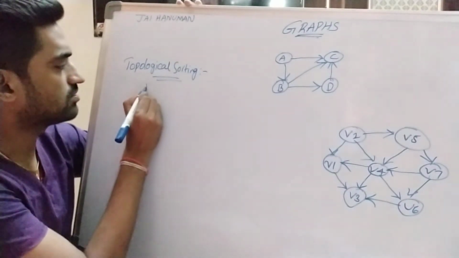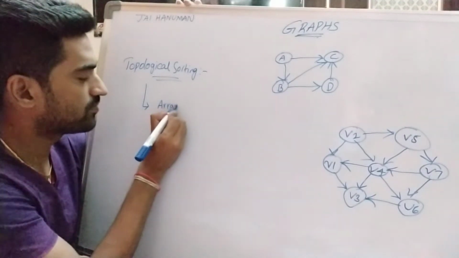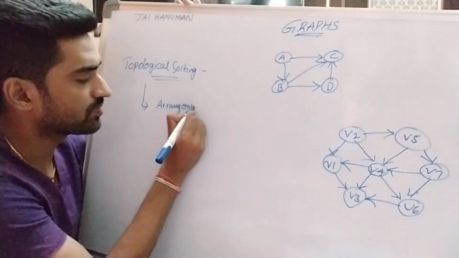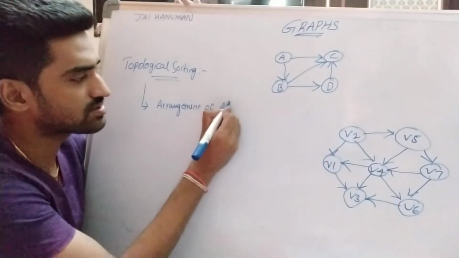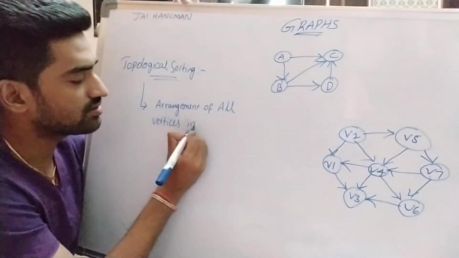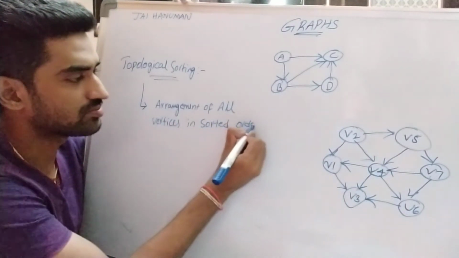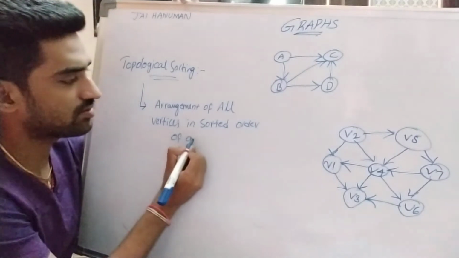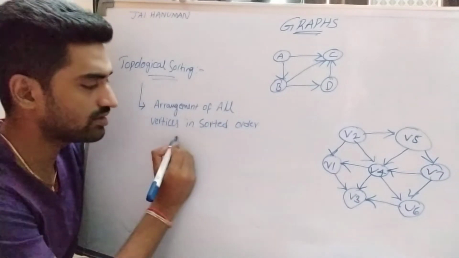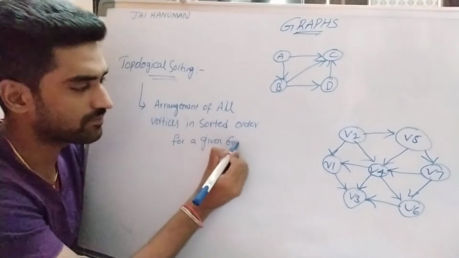So here, the arrangement of all vertices in sorted order for a given graph.